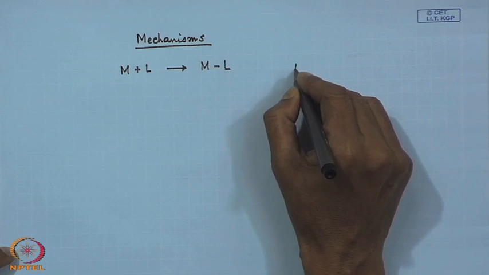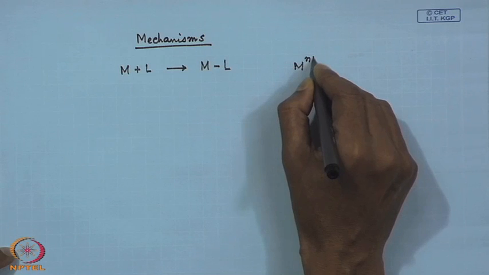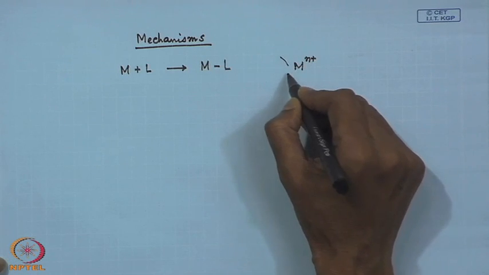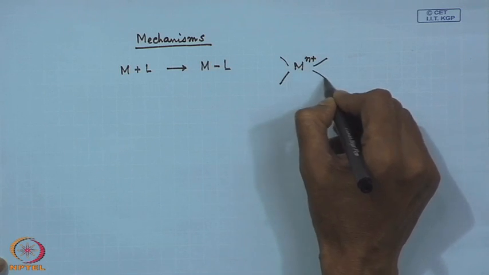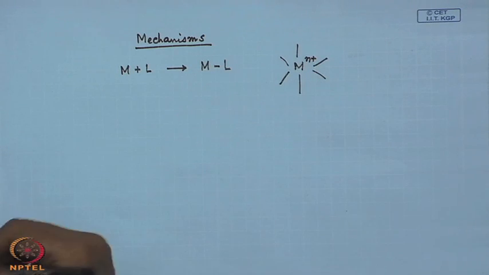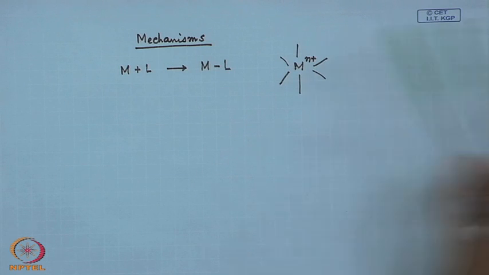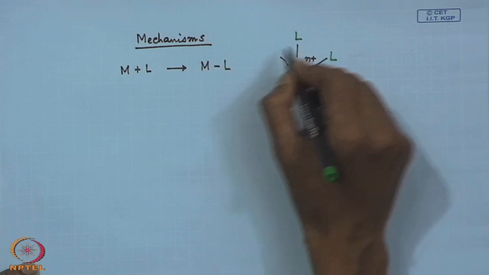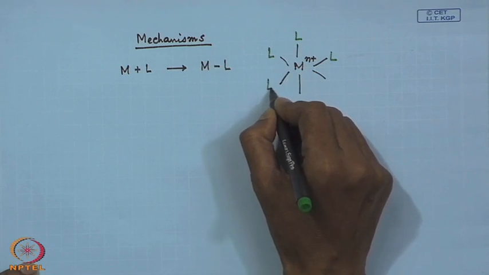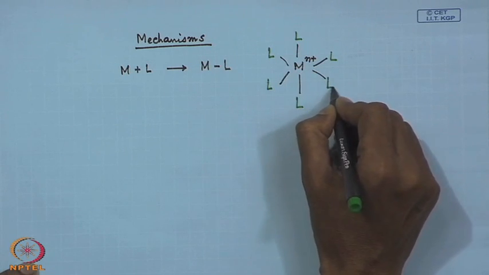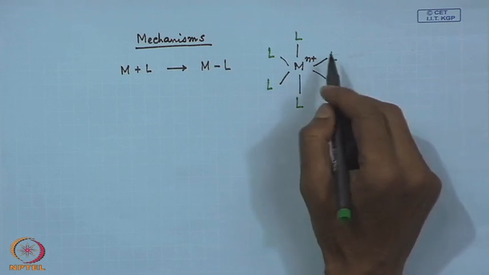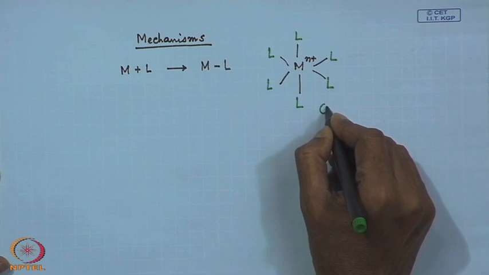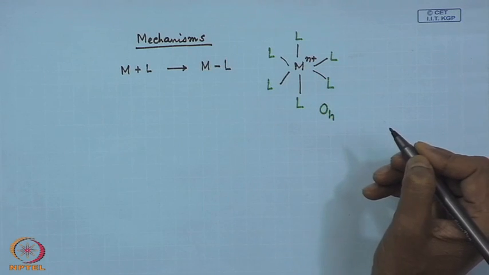If the metal ion is in some oxidation state, say +2 or +3, and binds to 6 ligand groups, these ligand groups occupy 6 different positions in a 3-dimensional array. If these 6 positions form an octahedral geometry, we get an octahedral complex.